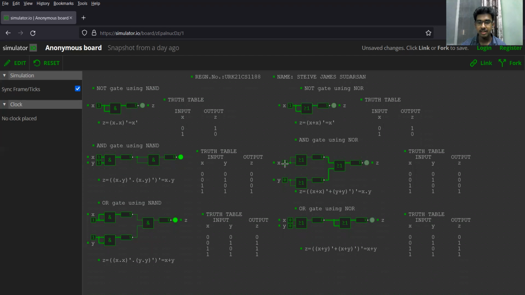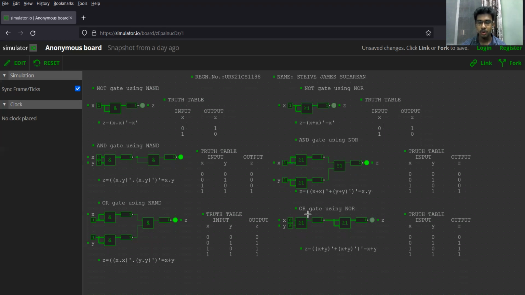Now 0 and 0 gives 0, and 0 and 1 also gives 0, so through the multiplication process we get the value 0. If both values are 1, it gives the high value 1 and the bulb glows.